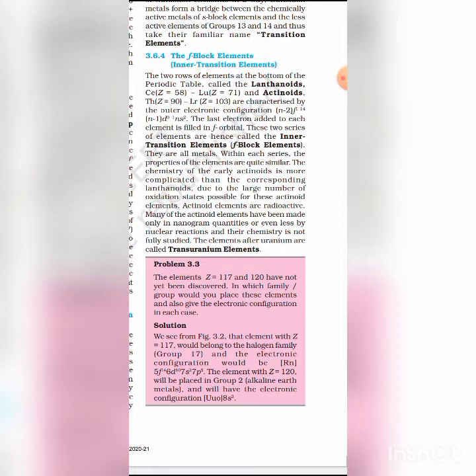They are prepared by nuclear reactions called artificial transmutation, that is converting one element into another by bombarding it with a suitable projectile like a neutron, proton, etc. So these are the general important features of the inner transition elements.